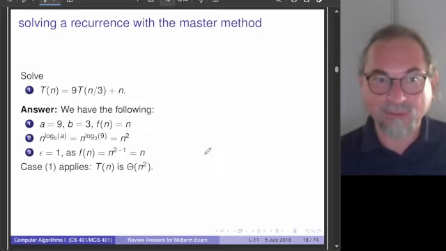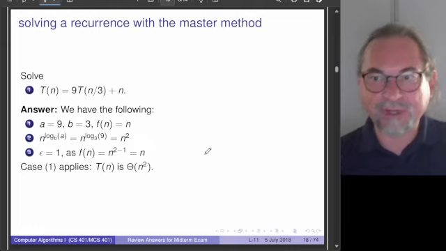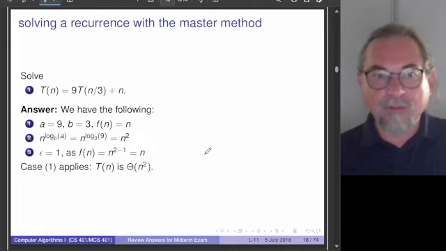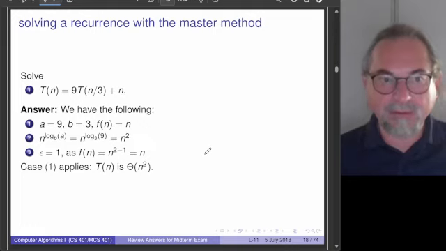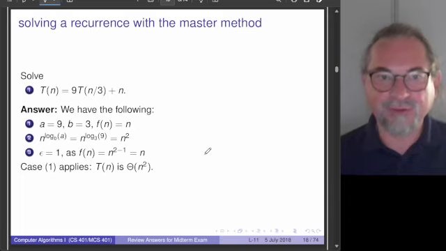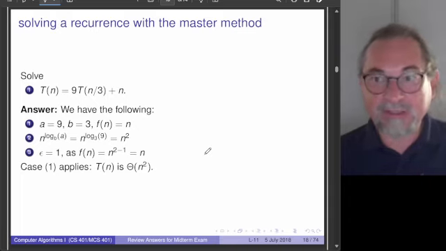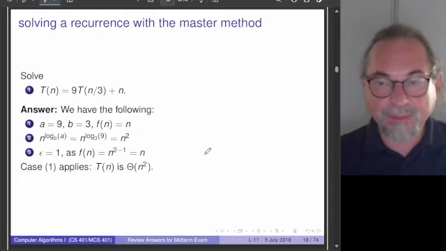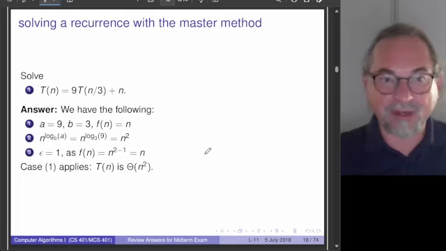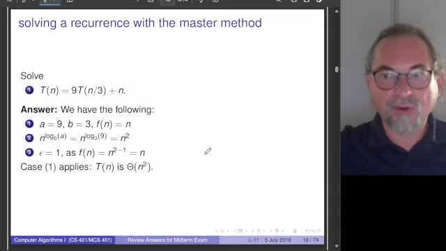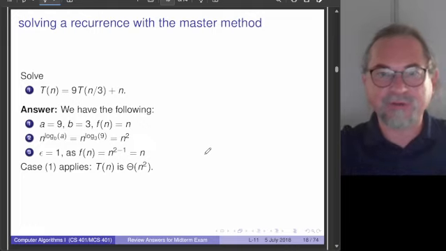If you understand how to apply it, we have 9 sub-problems. We cut it in 3, and the combination cost is linear. We evaluate the b log of a, the 3 log of 9, which here in this case ends up being larger than the combination cost f. Therefore, there is an epsilon that we can use to relate the combination cost to the cost factor that is given by the recurrence.